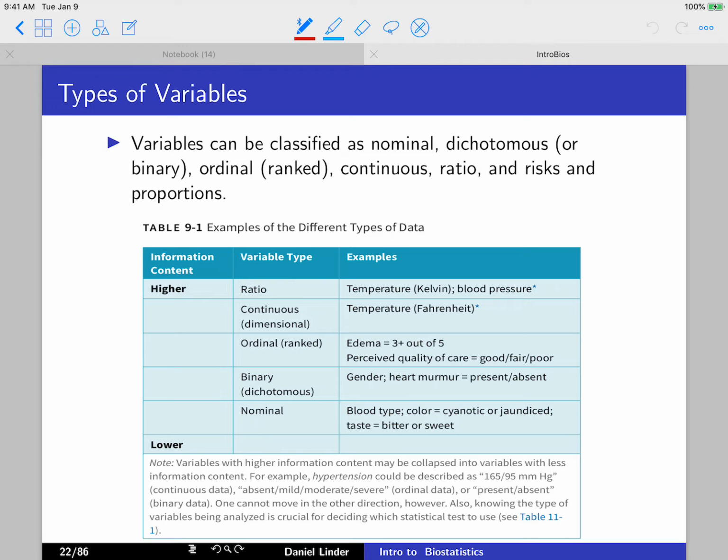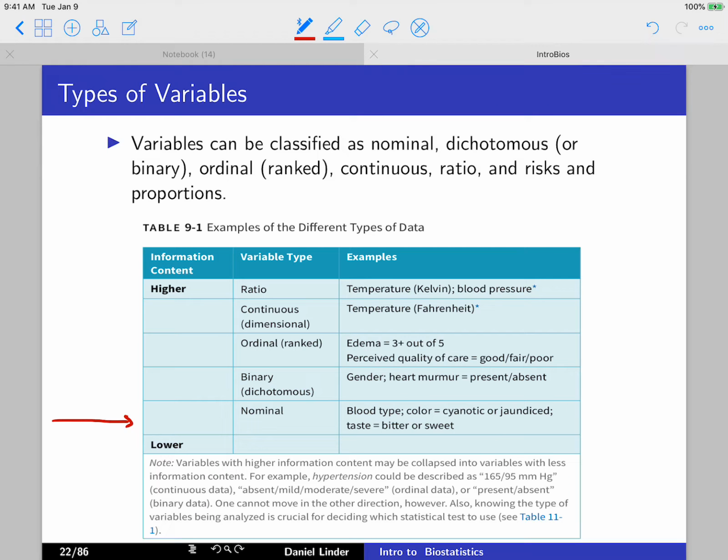So here I've presented table 9.1 from your textbook, and it's the different types of variables and their levels of information content. So variables can be classified as nominal, so that would correspond to this level in the table.